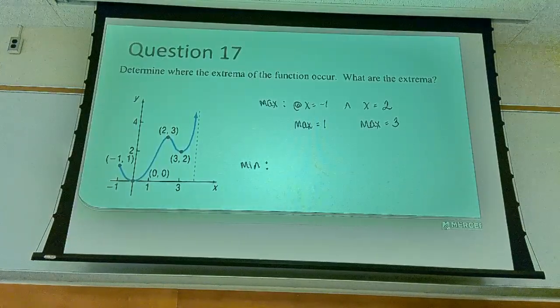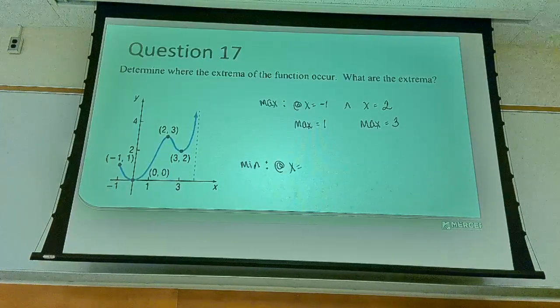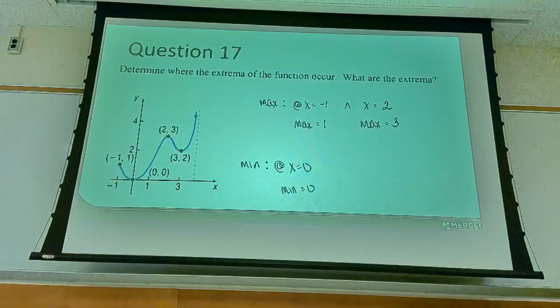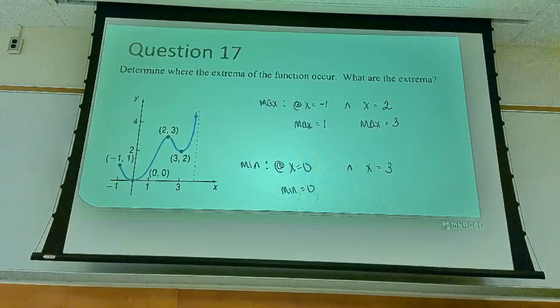The minimum would occur at x equals 0 with a minimum of 0, and x equals 3 with a minimum of 2. I agree.